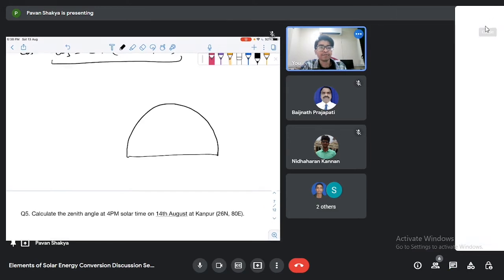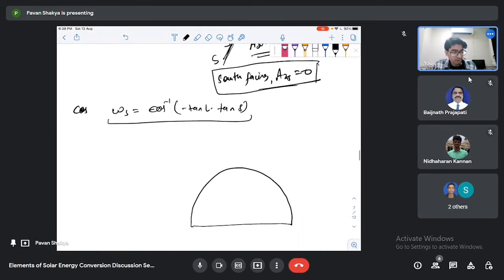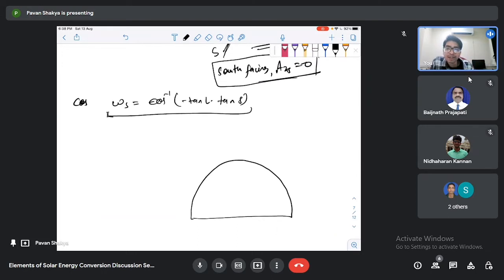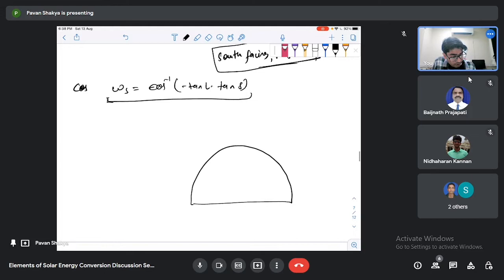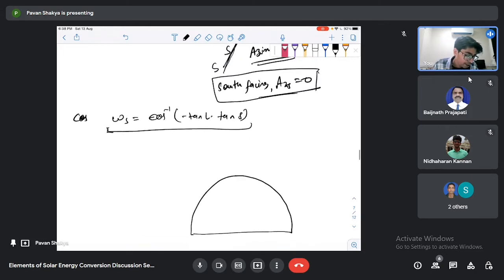Okay, fine. So let's see how this formula will change with the tilt angle. Suppose this is our horizontal plane on any surface.